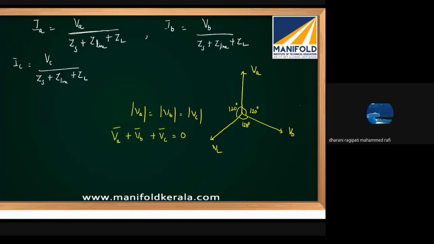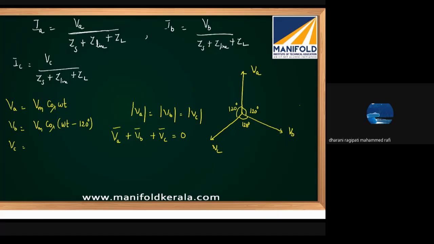In time domain, if you write the three voltages, I'm writing VA as Vm cos omega t, because A phase is the reference phase. VB lags VA by 120 degrees, so it will become Vm cos of omega t minus 120 degrees.